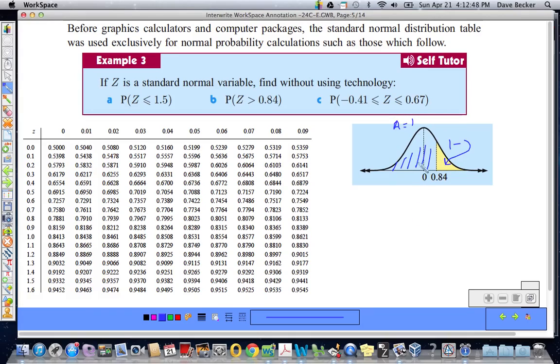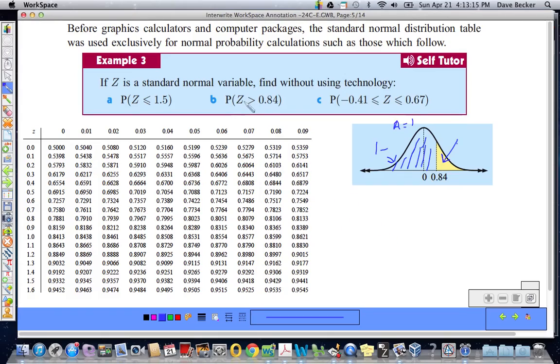Or if I take 1 minus this area, I get the area that I'm looking for. And remember what I told you. This table gives us the area to the left of the data point. So if we want the area to the right of the data point, we have to subtract what we find in the table for this value from 1.